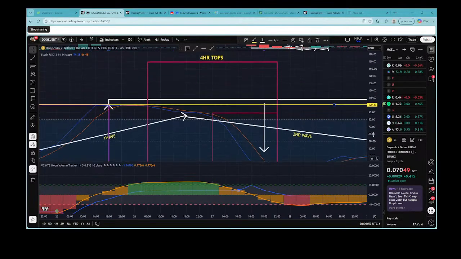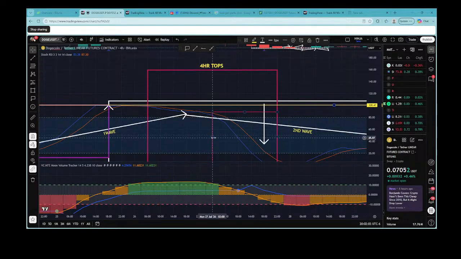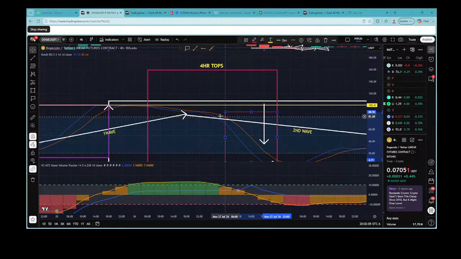So if we slide over here, you see how really all that's happening is that there are no buyers, so the seller line just starts to go sideways. Here is where you see the first time that the seller line shows a downward movement of its own. You see right there?